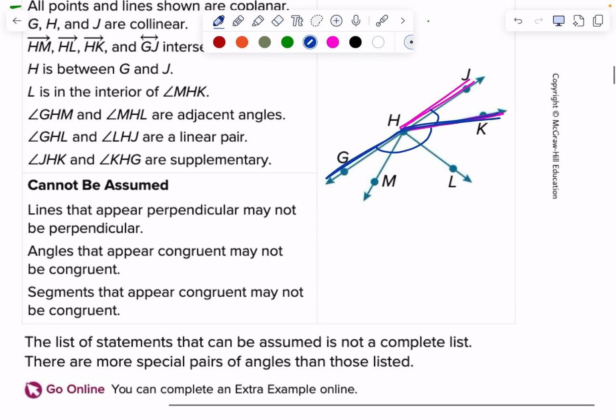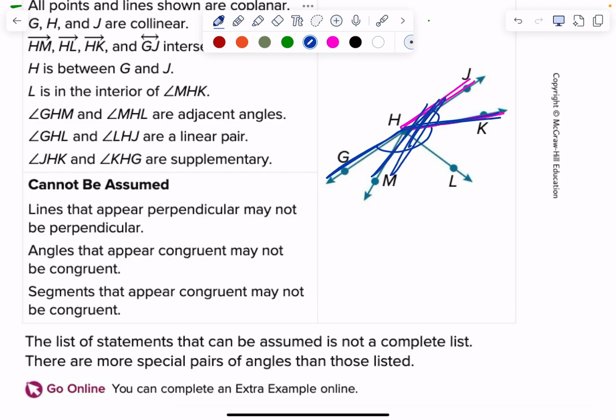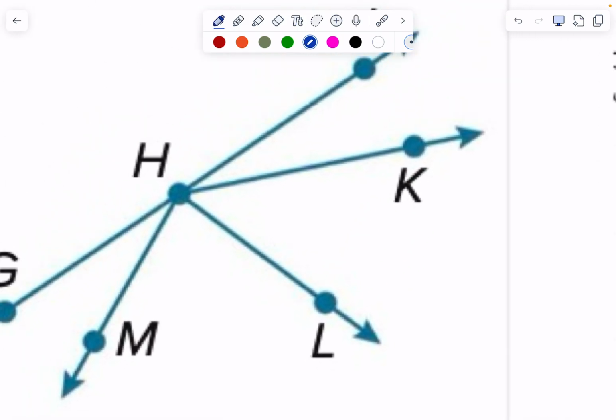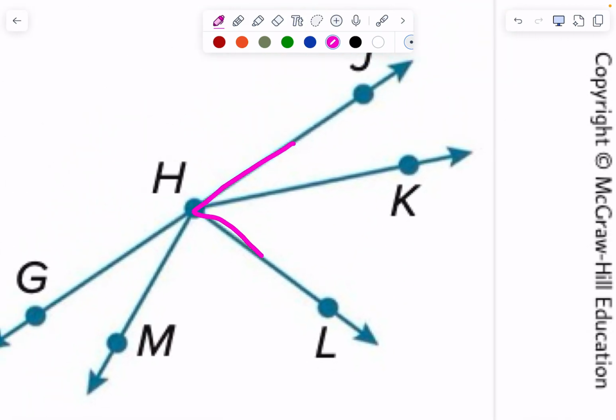All right, things that cannot be assumed. Lines that appear perpendicular may not be perpendicular, right? So you might think, oh, that one maybe looks like a 90-degree angle. Unless they put a box in there, we do not know that that's 90.